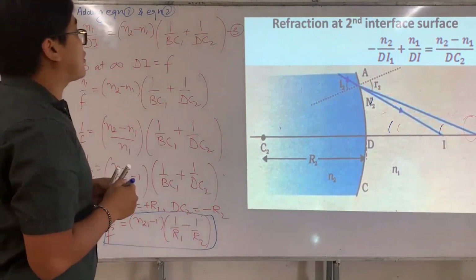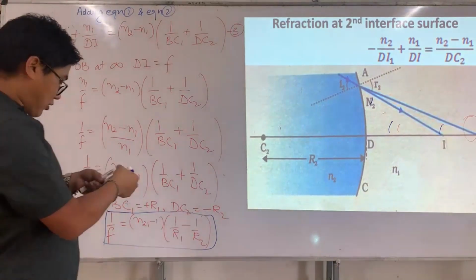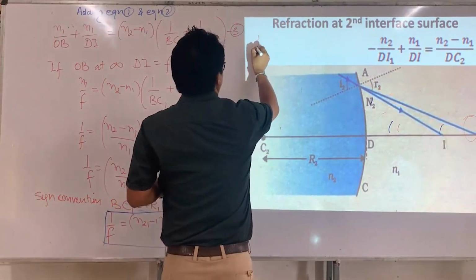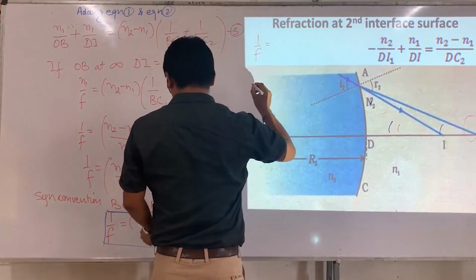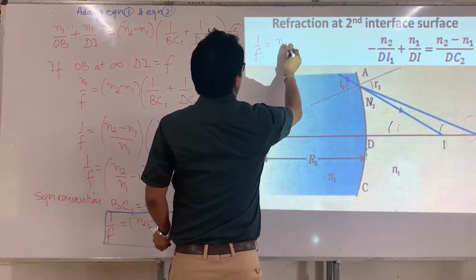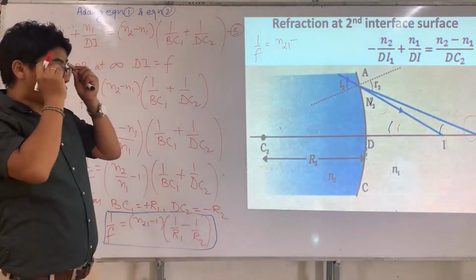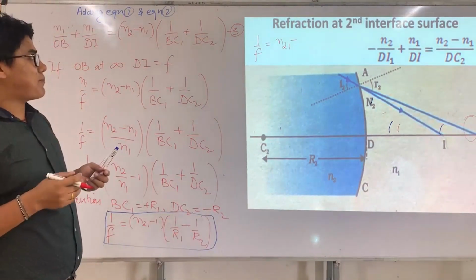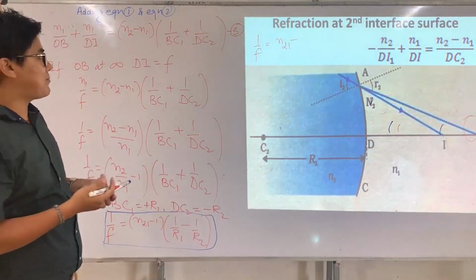Alright, this is the final equation, right? I would like to write here also. The final equation is 1 by F is equal to N21 minus 1, times 1 by R1 minus 1 by R2. N21 is the refractive index of the second medium with respect to the first medium, that is the refractive index of glass with respect to air.